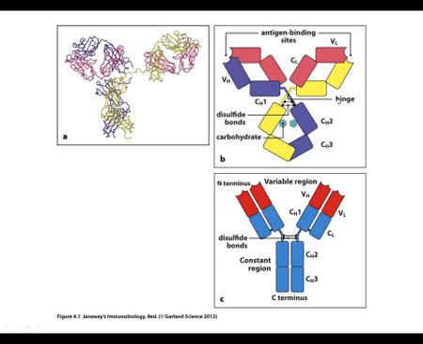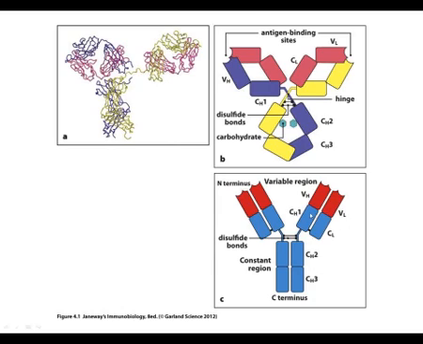Okay, so here's the basic structure of an antibody. It's roughly a Y shape, so it's 3 equally portioned parts. It's made up of 2 heavy chains, which are connected by a disulfide bond. And of course, it's connected with 2 light chains. These could be kappa or lambda, it doesn't matter.